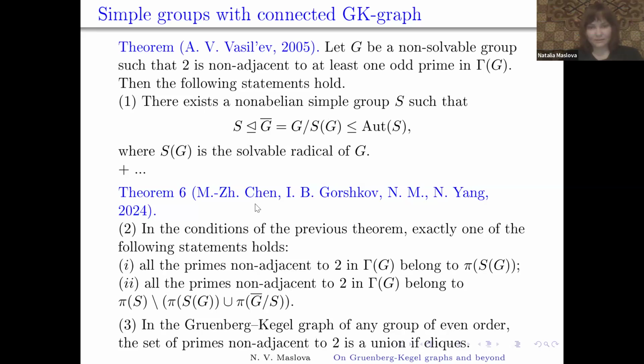And a very important feature, as a corollary of this result, of the Gruenberg-Kegel graph of each finite group is that the set of vertices which are non-adjacent to the number 2 is a union of cliques. It's a very strong combinatorial property of the class of all Gruenberg-Kegel graphs of finite groups.